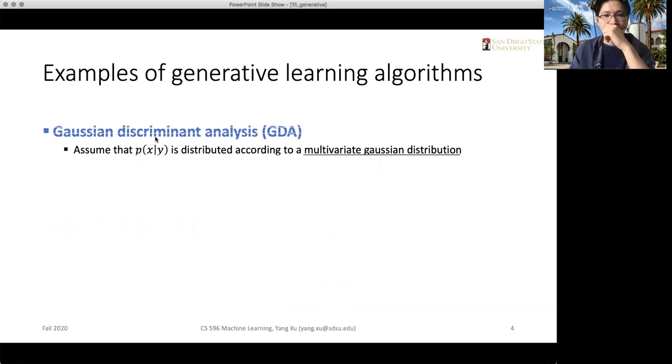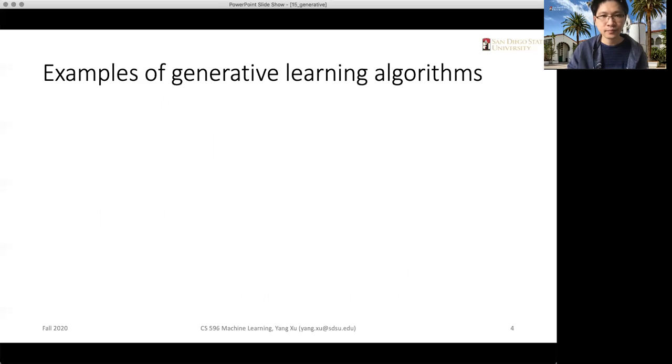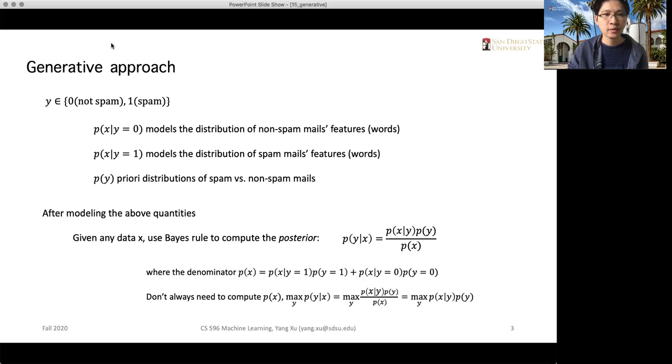So let's look at several more concrete implementations of generative learning algorithms. So far, on this page, we are still conceptualizing the problem. We propose a bunch of probabilities, right? But how we estimate this probability, say the probability of an email given a label, requires some breaking down of the details, right?